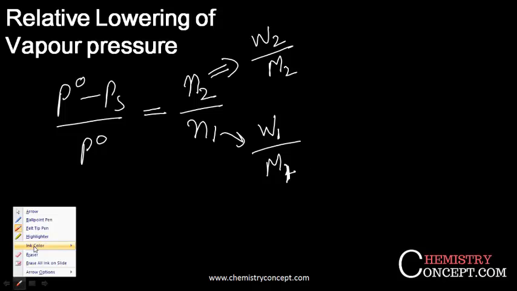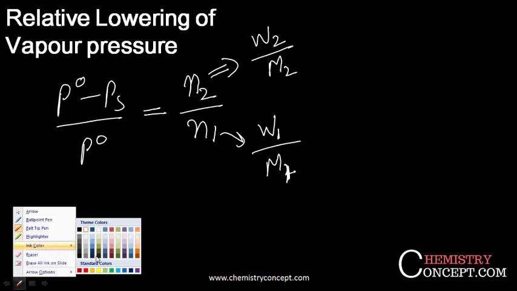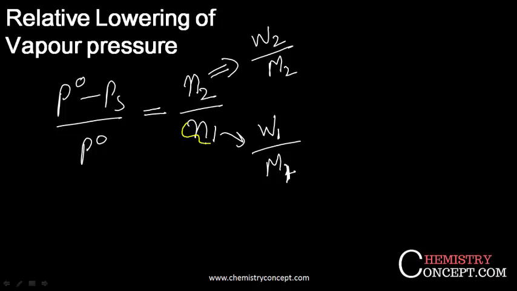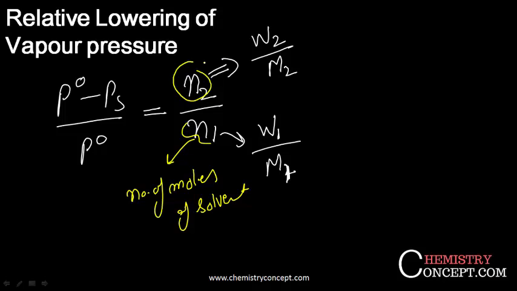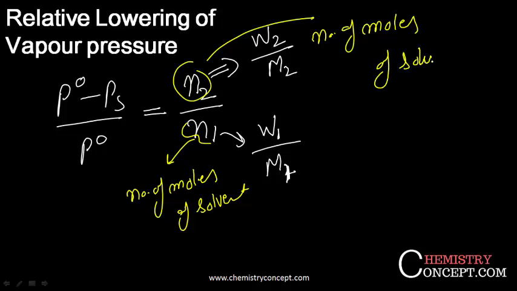Let me tell you what this is: N1 is the number of moles of solvent, N2 is the number of moles of solute. Fine.